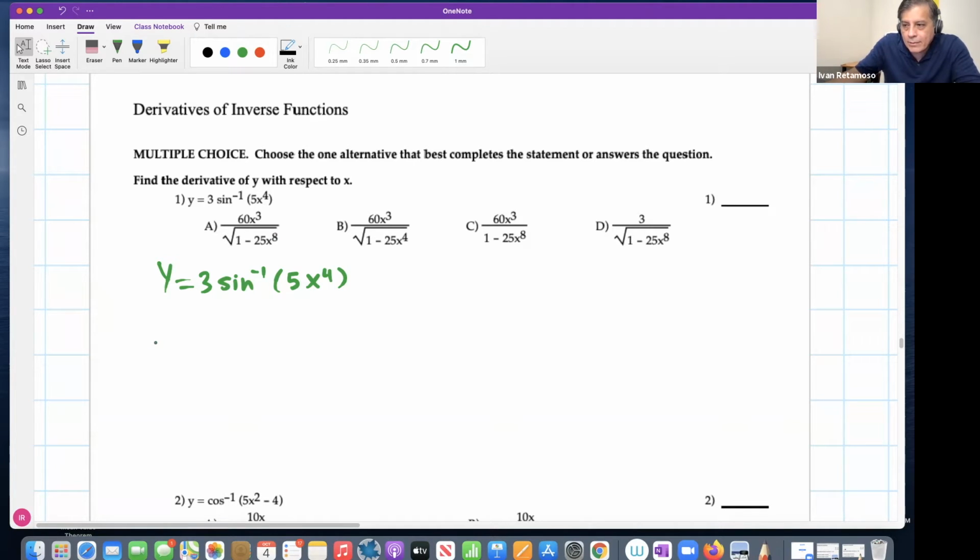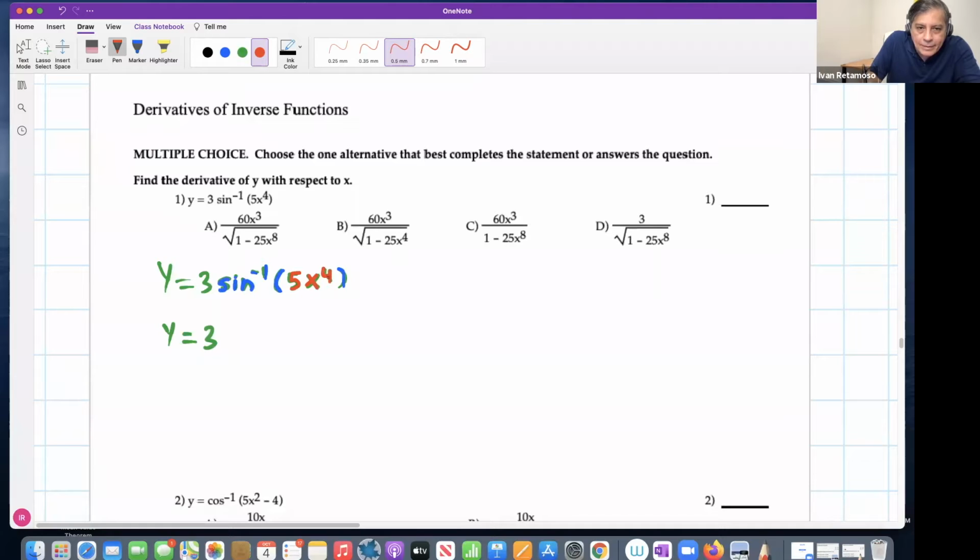You shouldn't worry about that because a constant can be taken outside of the differentiation, right? But I should worry about what is the outside function and what is the inside function. Look, clearly here, sine inverse is the outside function, right? And the inside function is just this 5x to the 4th power, right?